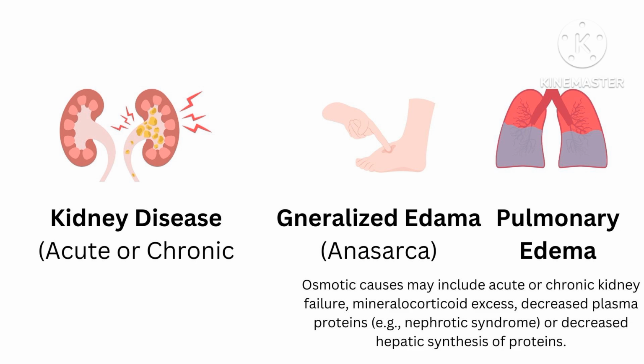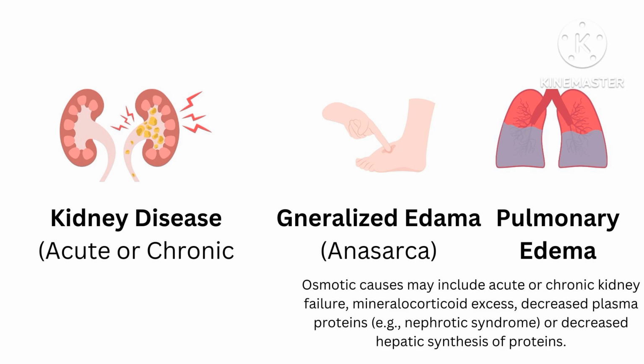Typically, this translates to increased water retention, increased potassium retention, and dilution of plasma sodium concentrations due to reduced water excretion. Edema is the presence of excess fluid in either the intracellular fluid compartment or the extracellular fluid compartment.